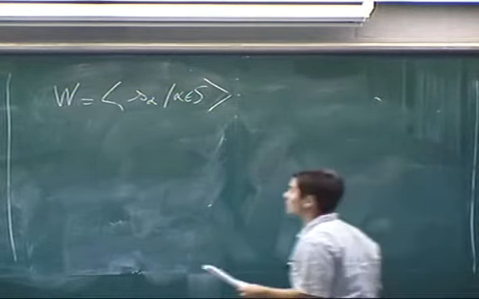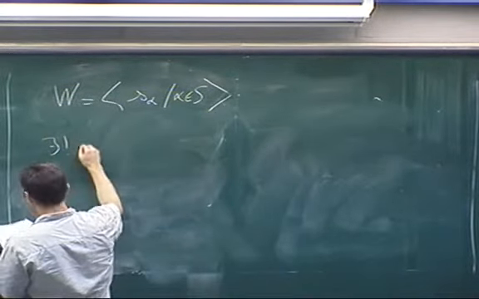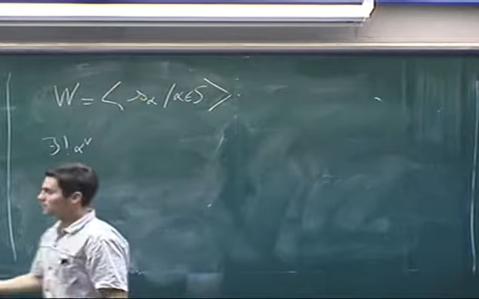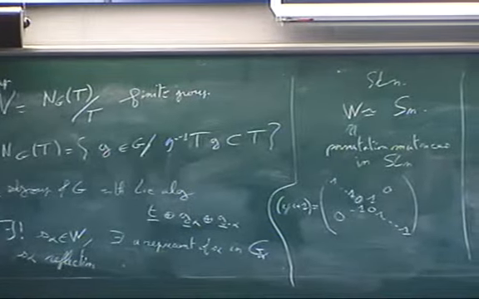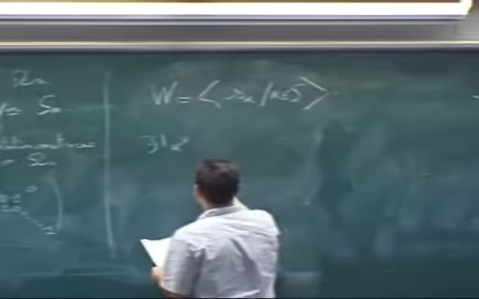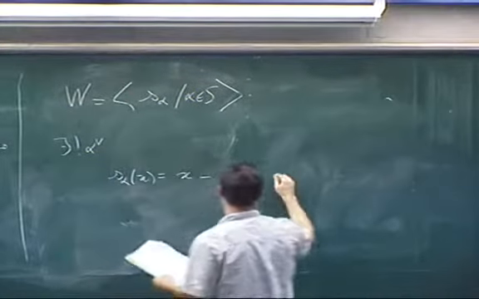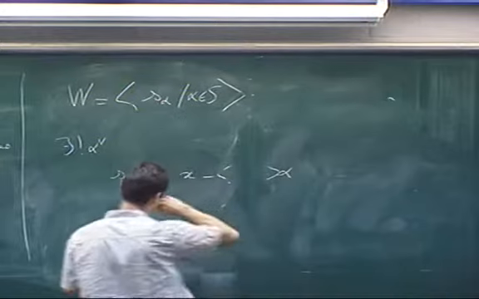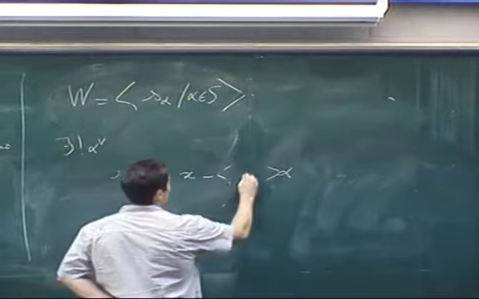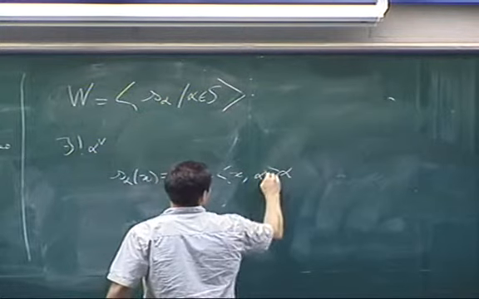Then there is another result which says that there exists a unique alpha dual. I said that S alpha is a reflection, so we can write S alpha of X as X minus something times alpha, and this will be called X alpha dual.